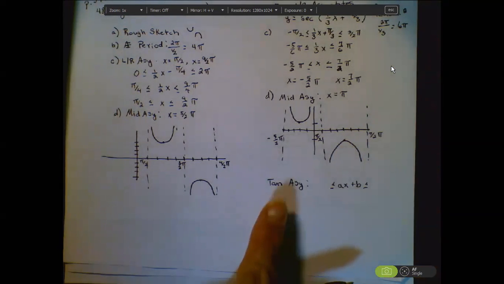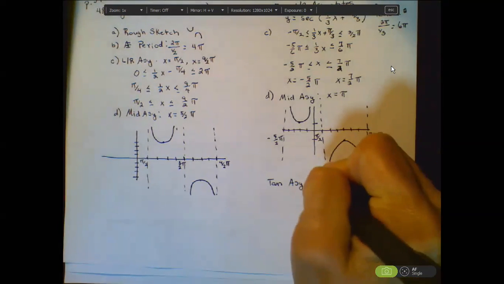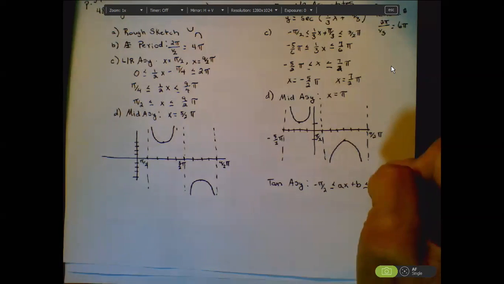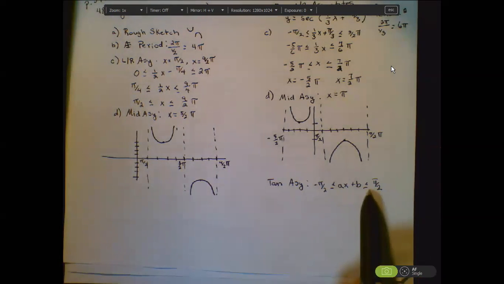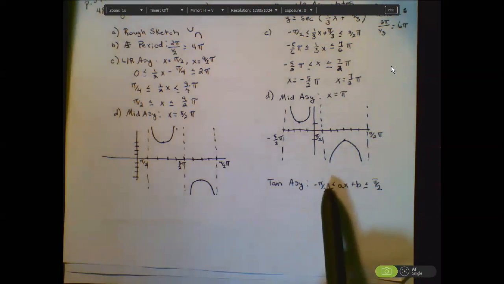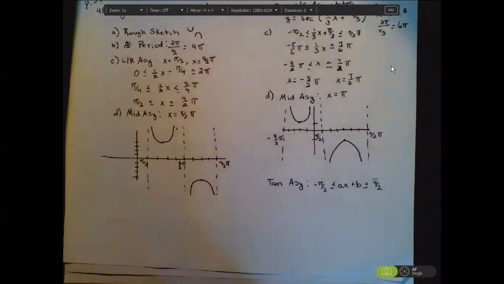The question is, where are the normal asymptotes for tangent? Is it -pi over 2 and then +pi over 2? Exactly. Now, technically, we could have used pi over 2 to 3 halves pi, but the reason we use these is because when we use the inverse tangent button on our calculator, it returns a value between -pi over 2 and pi over 2. So we're just trying to keep that consistent.